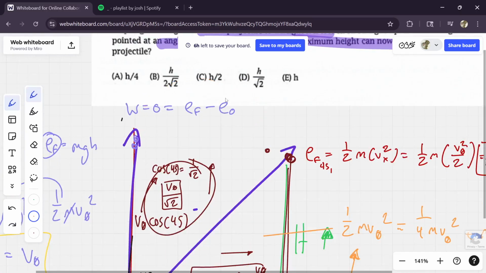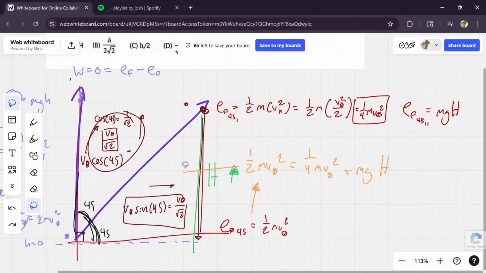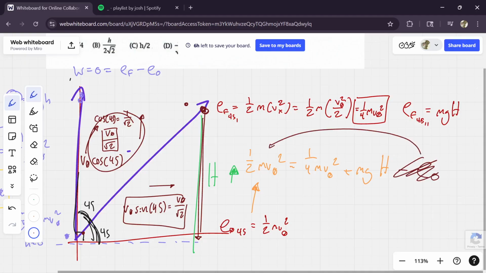Where we take our initial and we move it to the other side because there's no work happening. So same thing here, because energy is being conserved, there's no work. E initial would have been minus E initial over here, but we just add it to the other side.